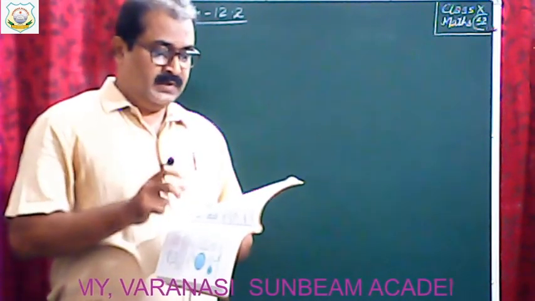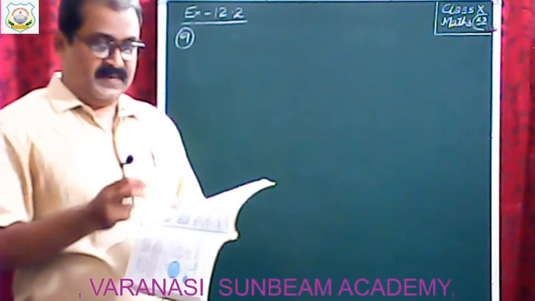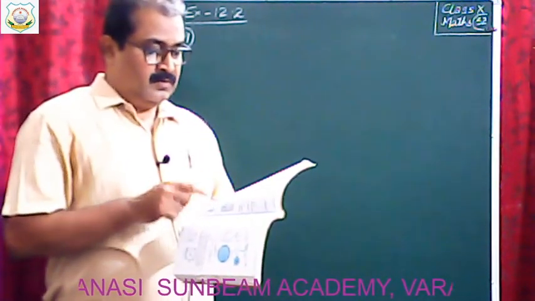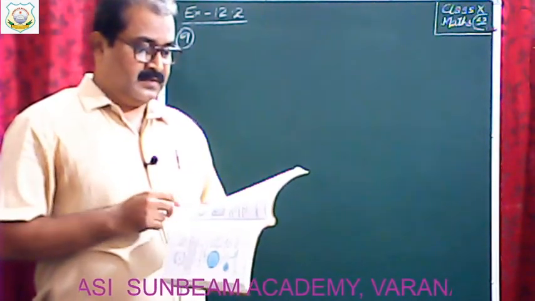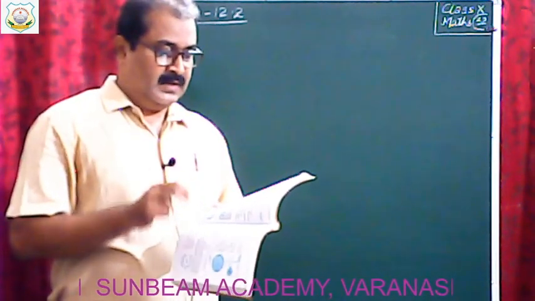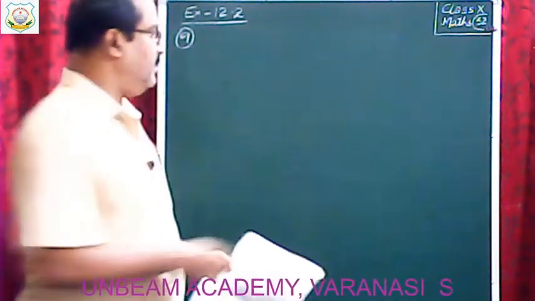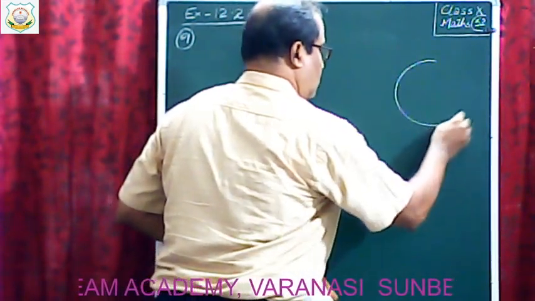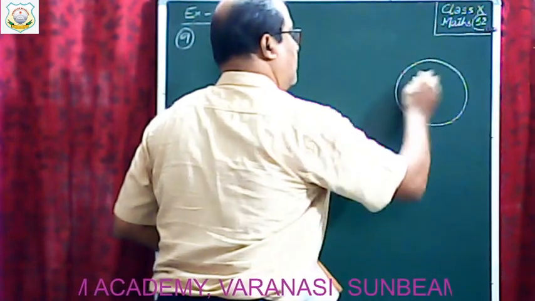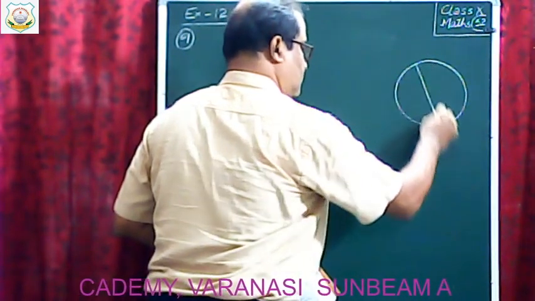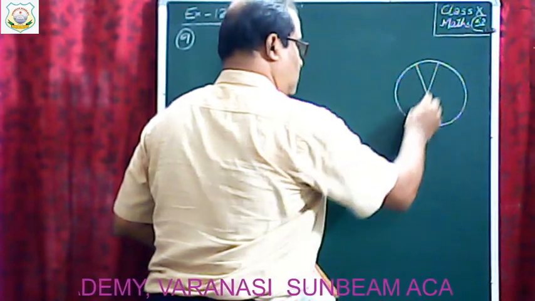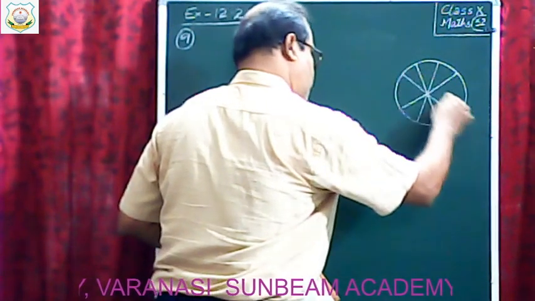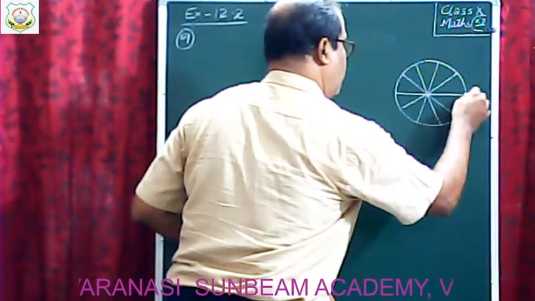Okay, a brooch is made with silver wire in the form of a circle of diameter 35 mm. The wire is used in making 5 diameters which divide the circle into 10 equal sectors. Figure is given. Draw the figure first. Circle, 5 diameters: 1, 2, 3, 4, 5.